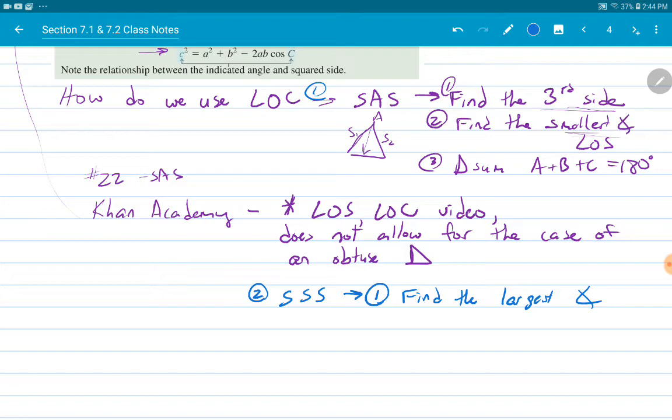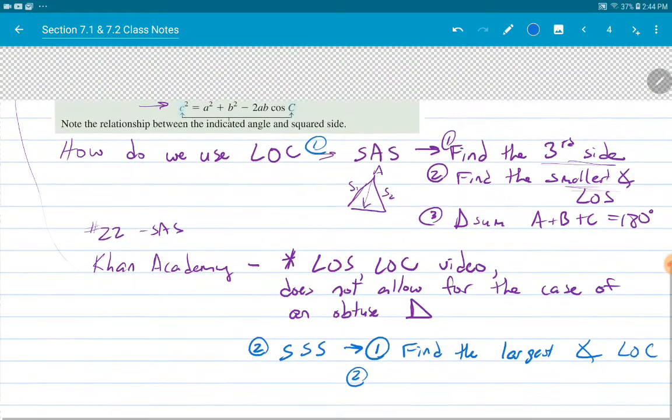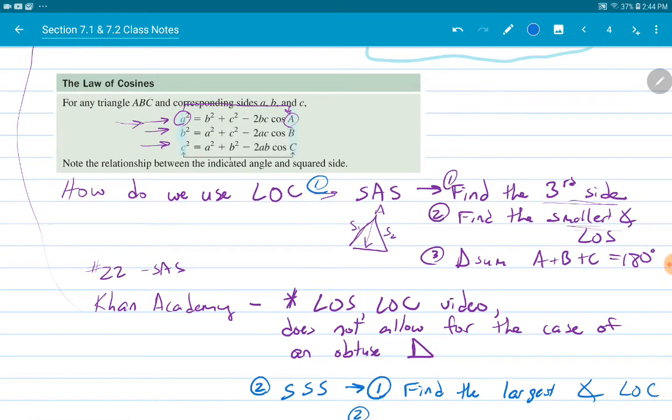Whenever we solve side-side-side triangles, we start by finding the largest angle with law of cosines. And then once I've done that, I'm free to solve for the other angles.